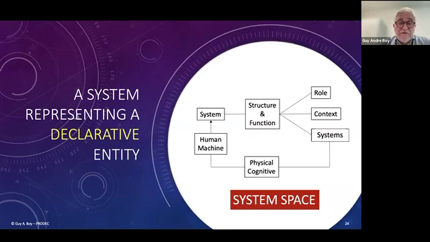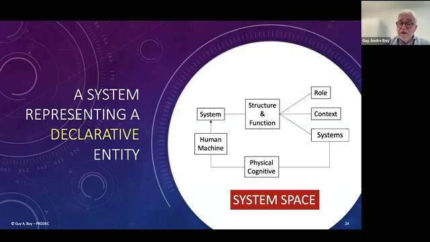And then orthogonally, you have the system representing a declarative entity. A system is characterized by a structure and a function that themselves are defined by a role. You define, for instance, the role of a delivery man, a postman. The role is to deliver letters.